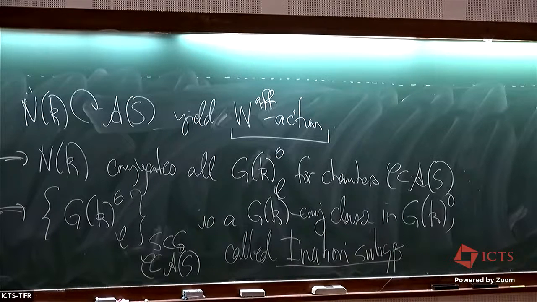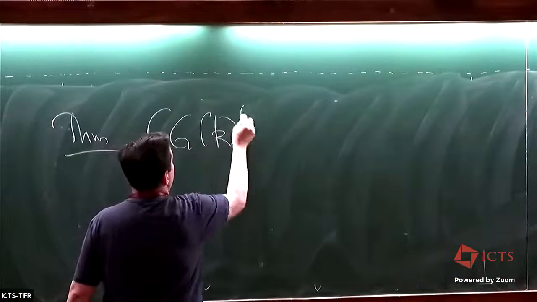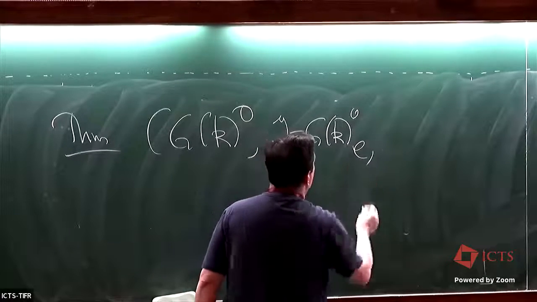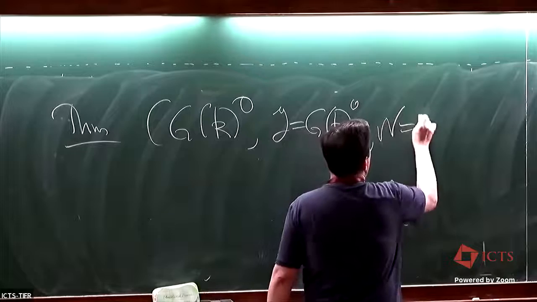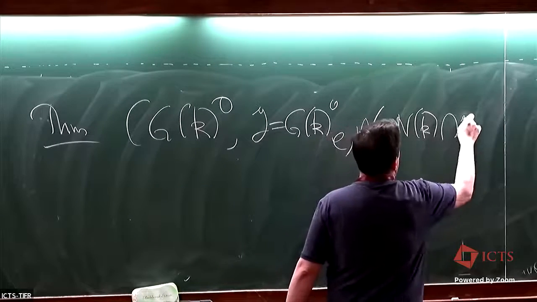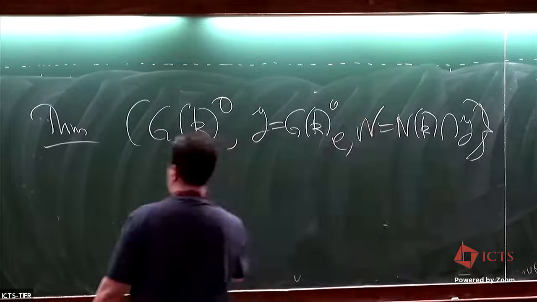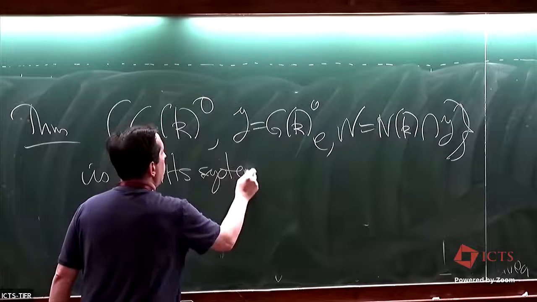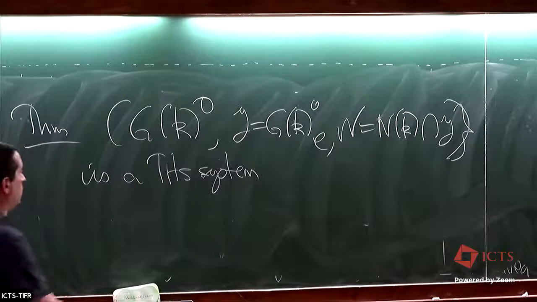Fantastic. So now comes a fundamental theorem, which is that these Iwahori subgroups satisfy a highly non-obvious group theoretic property. So if you take G(K0) together with a choice of one of these Iwahori subgroups and see where it meets the normalizer, this is an example of a Tits system, which is some purely group theoretic notion that I won't try to define here.